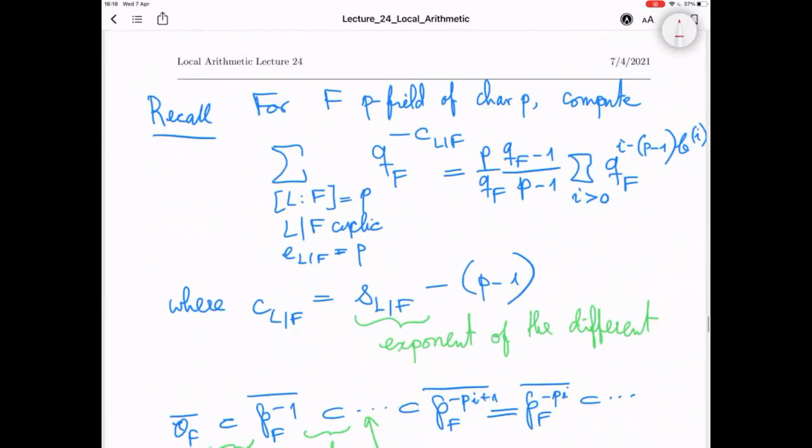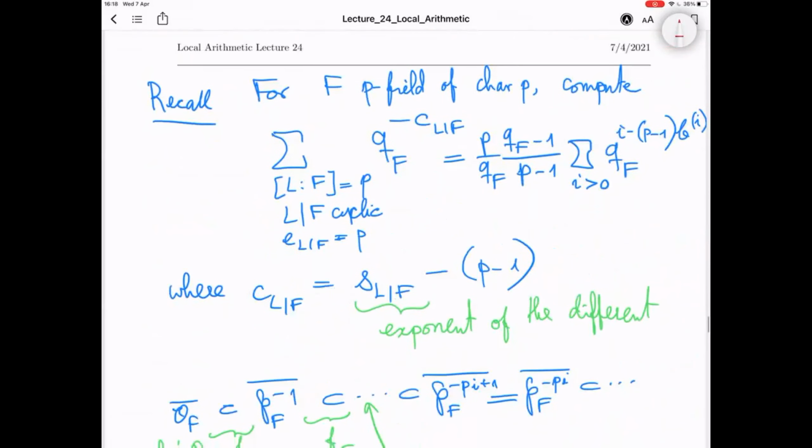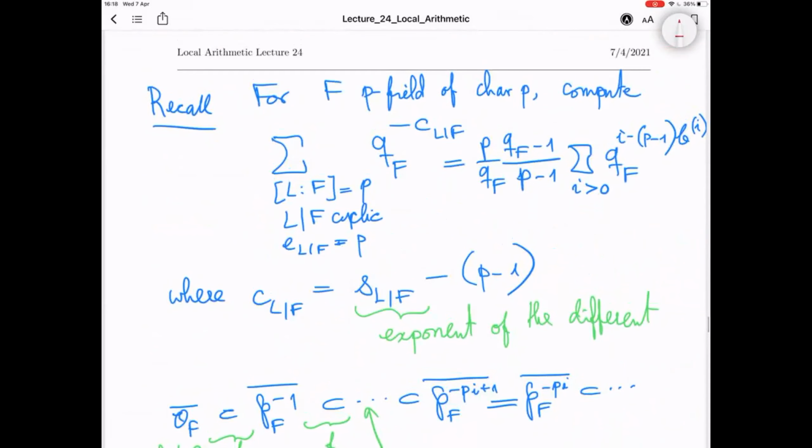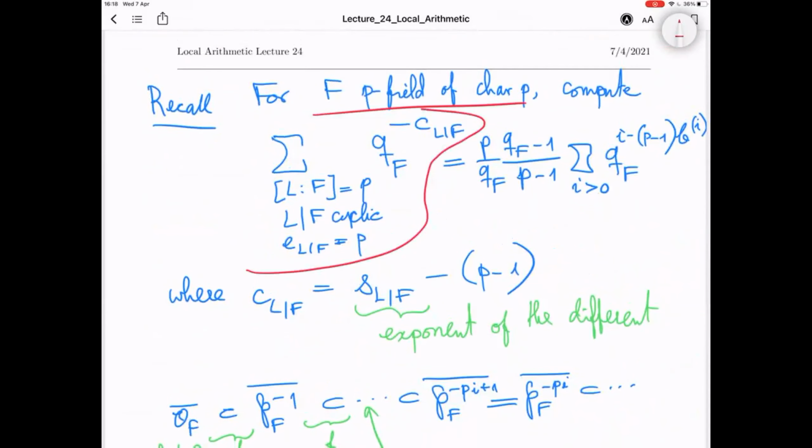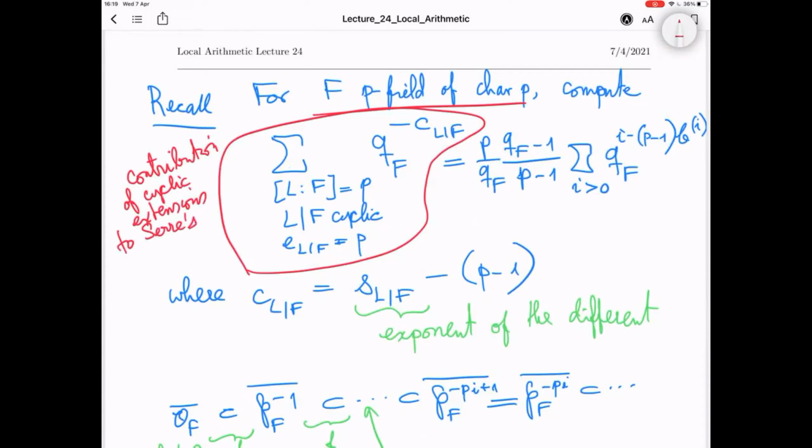Okay, so now I think we had computed this, that if F is a p-adic field of characteristic p, then this left-hand side is the contribution of cyclic extensions to Serre's mass formula in degree p, right?